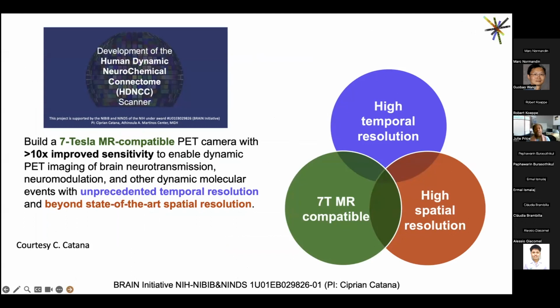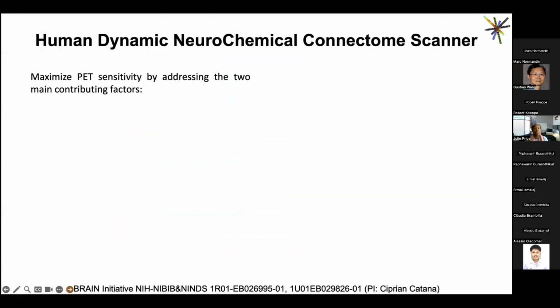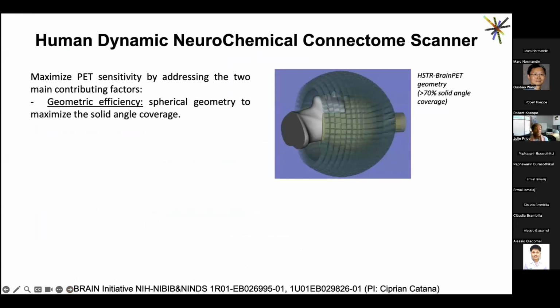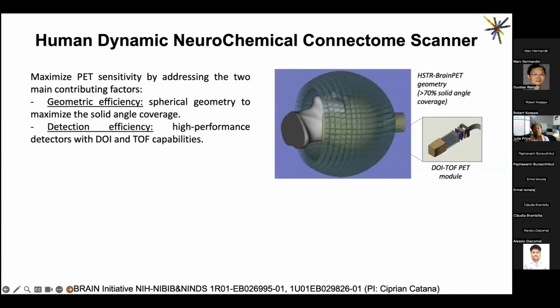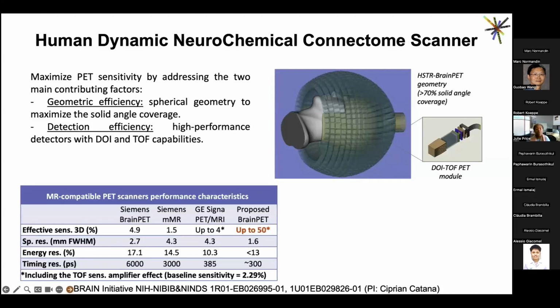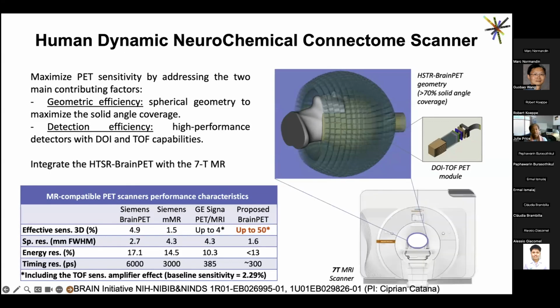And I look forward to that as a future direction to maximize sensitivity by addressing geometric efficiency, detection efficiency, improving across many parameters to really improve sensitivity by using a scanner configuration of this type. So that's just an example of another tomograph being developed, in addition to total body.